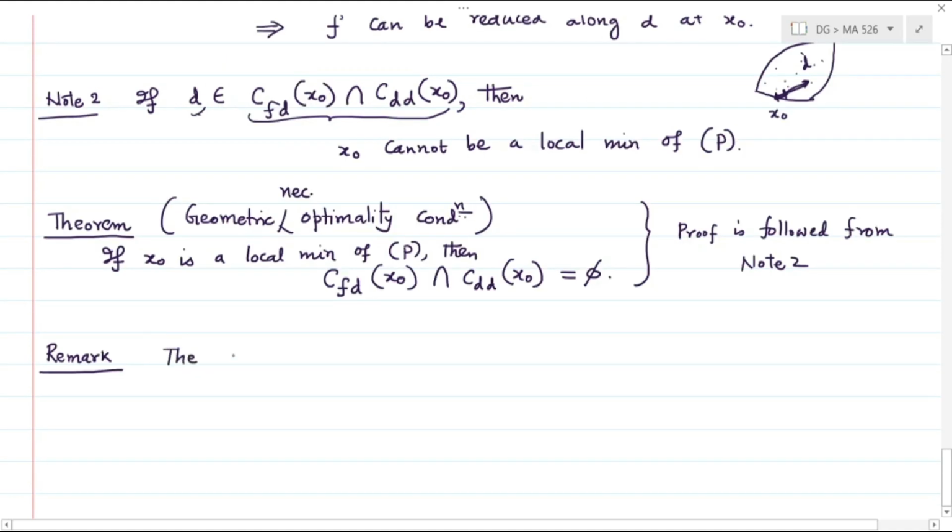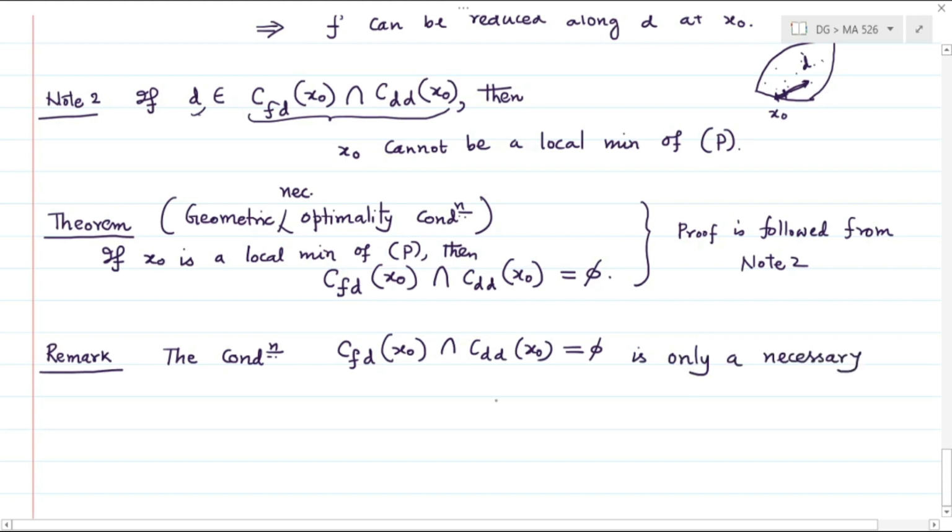The condition CFD x naught intersection CDD x naught is equal to the null set is only a necessary optimality condition, not sufficient. That means we will show that this condition is valid, that the intersection is null, but the point x naught is not a local minimum.